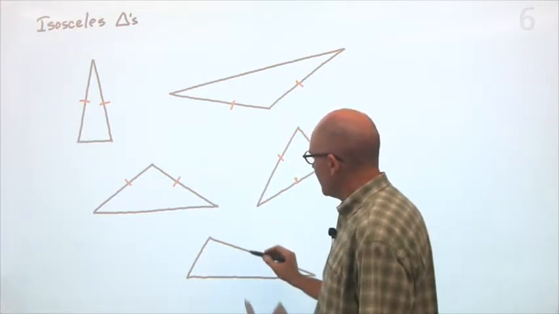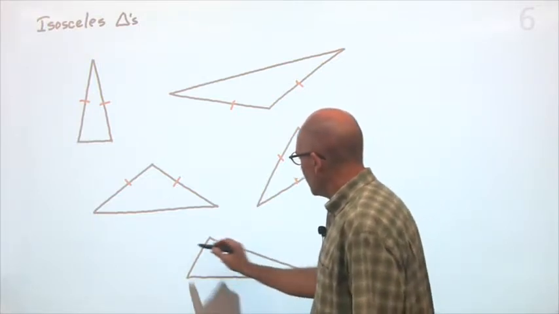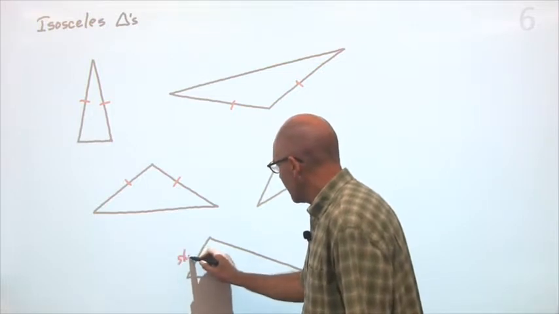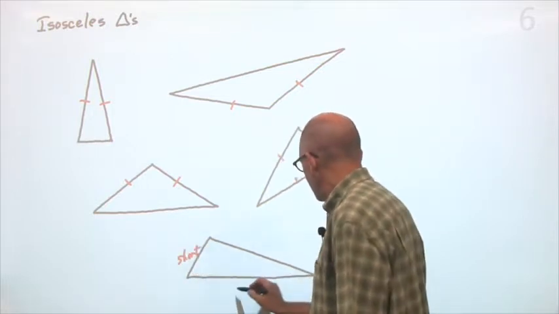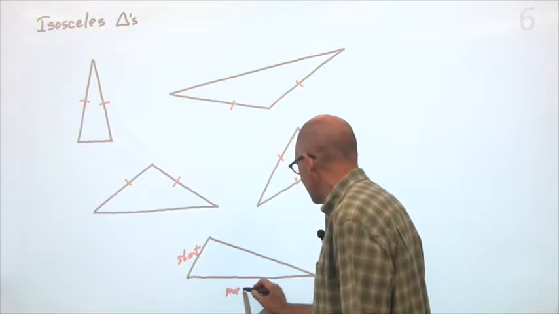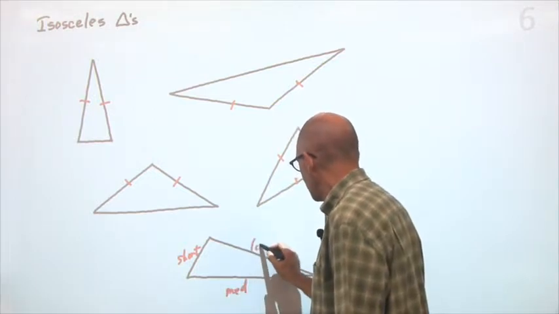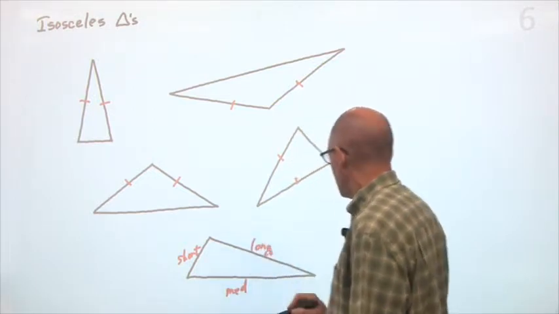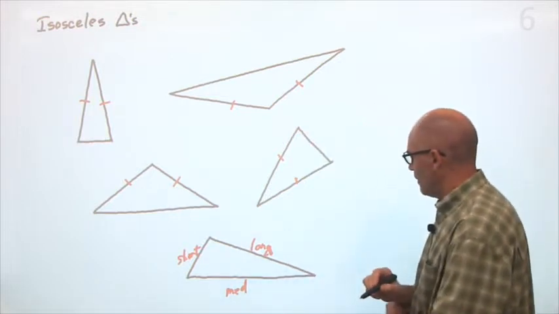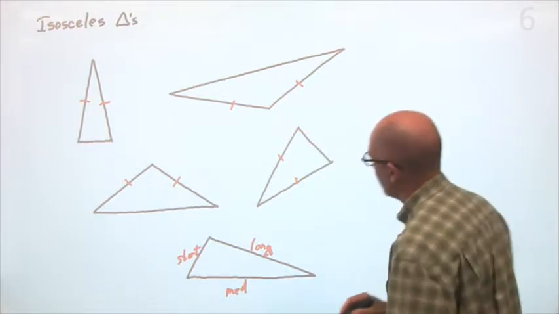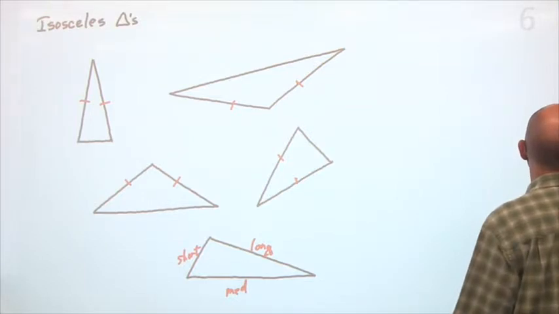Yeah, this is the imposter, because notice this is the short side, this is the medium side, and this is the long side. So, no, it's the other way around. Rats. Okay, wait.